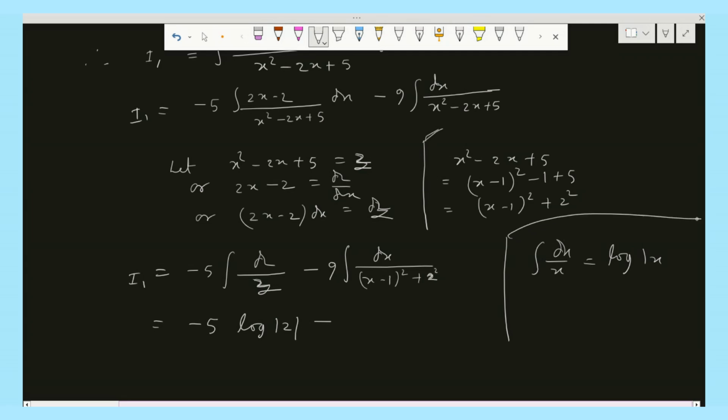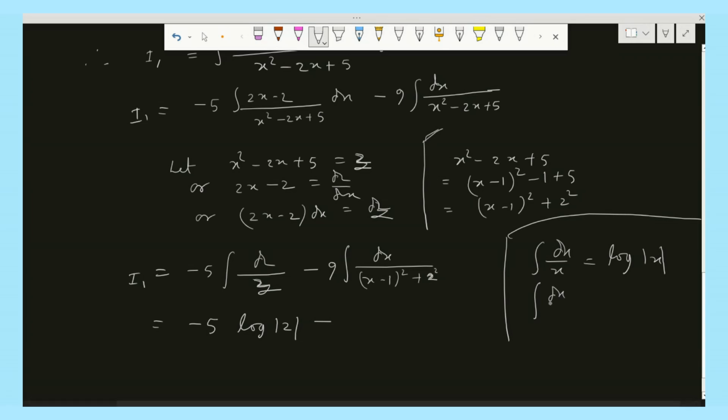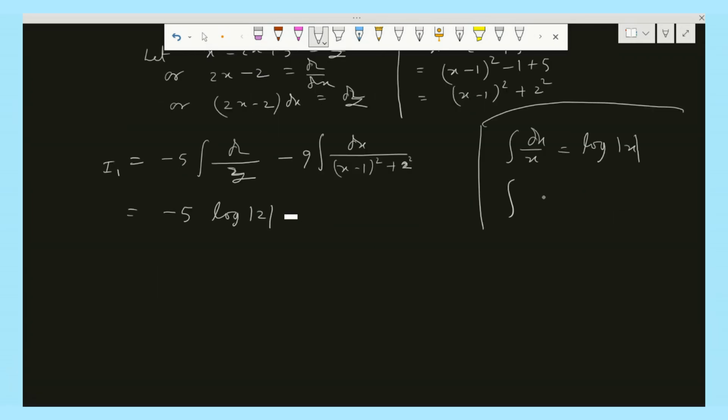This is the formula, and integration dx by x plus minus capital A whole square plus a square is equal to 1 by a tan inverse of x plus minus capital A by a.